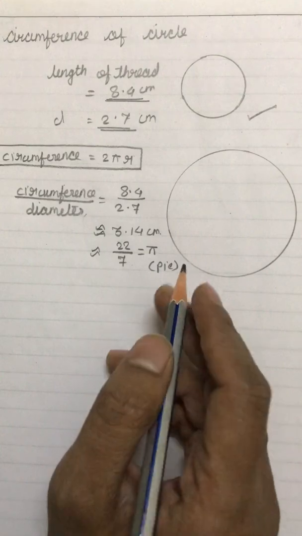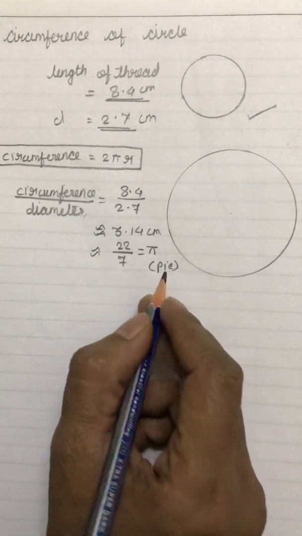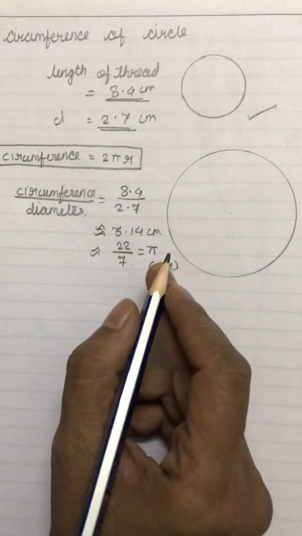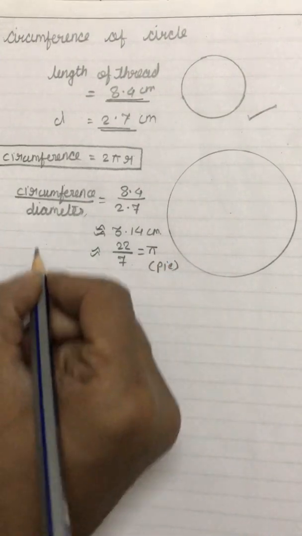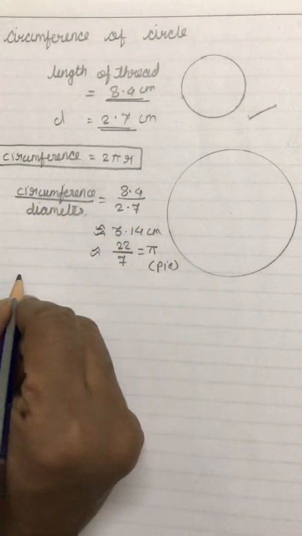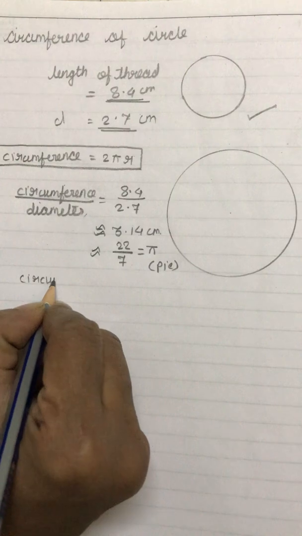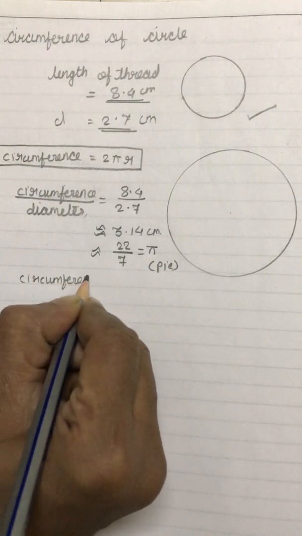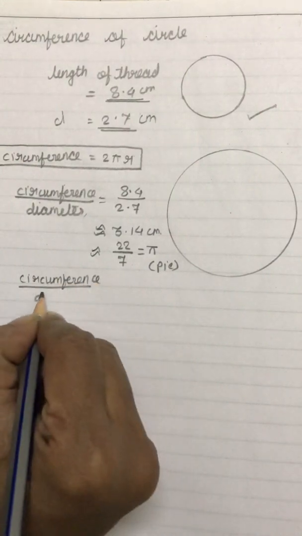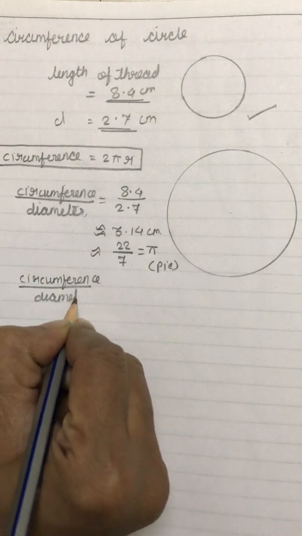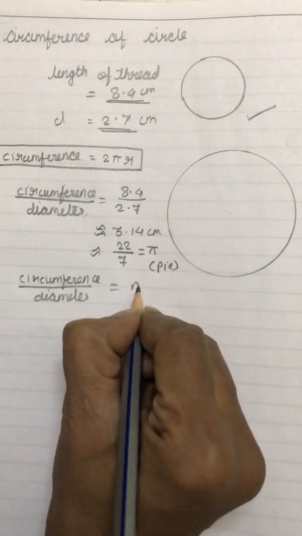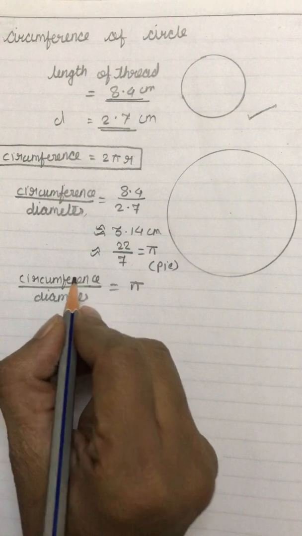Therefore, we can derive the formula for the circumference of the circle: circumference divided by diameter is equal to pi.